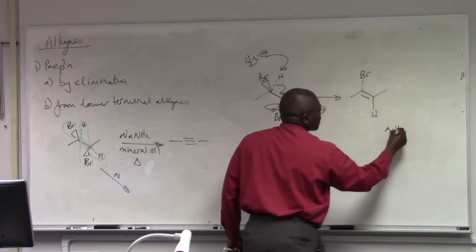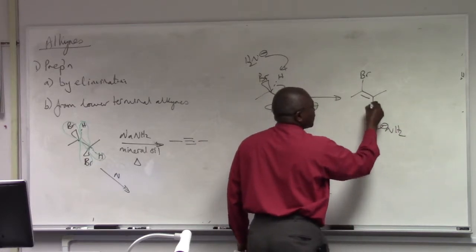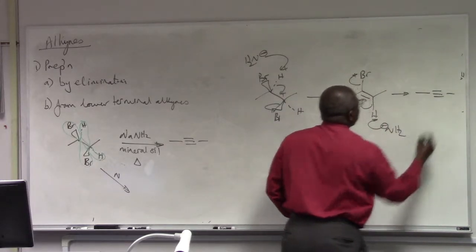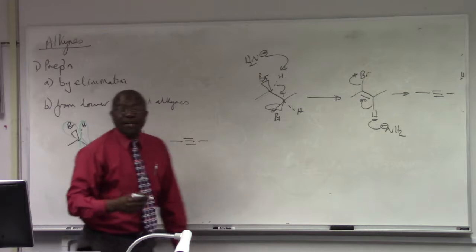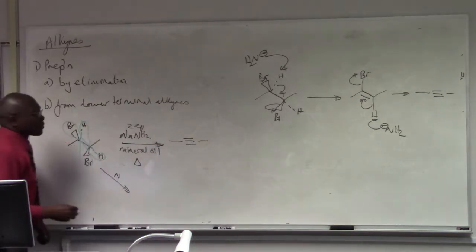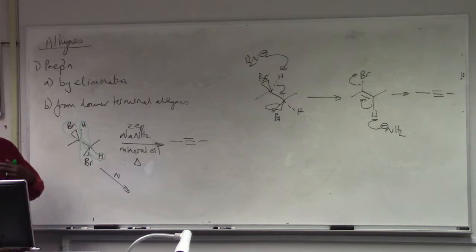And then the second NH2 minus will do another reaction and give rise to the alkyne. So basically you're doing 2 E2 reactions. So I'm going to use 2 equivalents of sodamide to carry the reaction. It works very, very nicely.